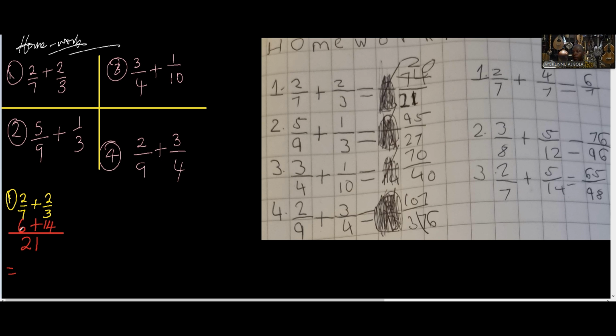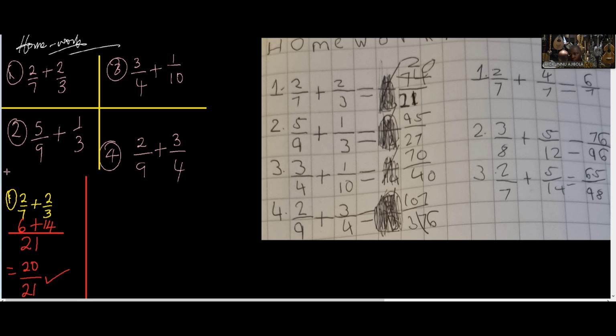Then what is 6 plus 14? 20. 20 over what? 21. So we can't reduce it because nothing is common to them. This is our answer, okay?